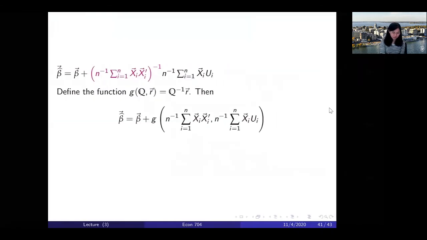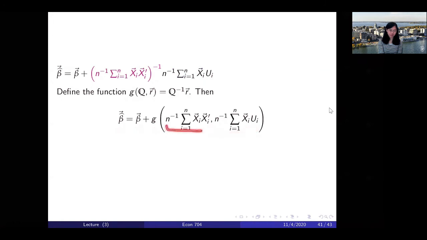Now, if we define a function little g of a matrix Q and a vector R to be Q inverse R, then this estimation error beta hat minus beta will be g of the sample average of x prime x and the sample average of xu.